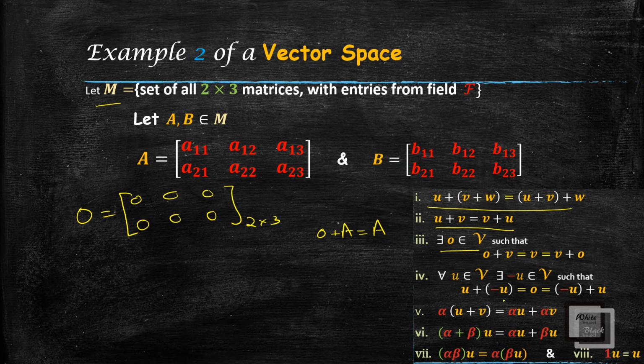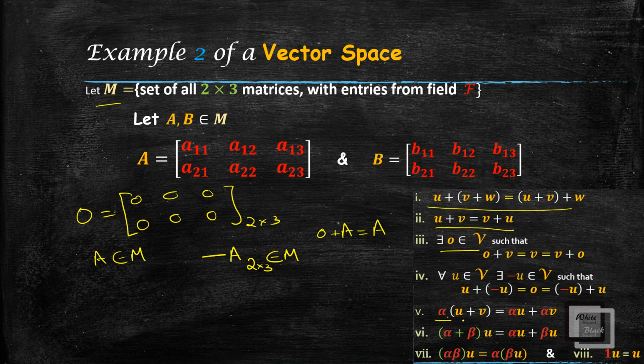Fourth property is existence of inverse. If A belongs to M, then its inverse will be minus A. As minus A is also a 2 cross 3 matrix, minus A belongs to M. So there exists an inverse. This set M also satisfies the remaining properties related to scalar multiplication, the distributive properties.